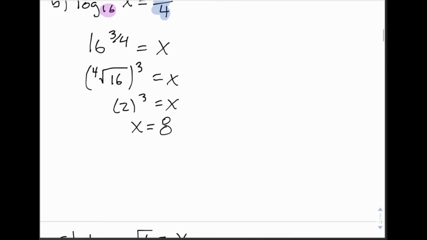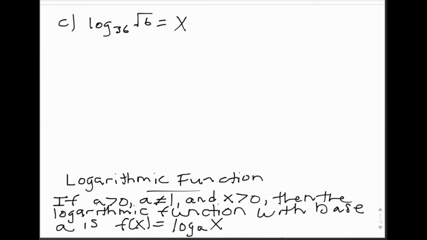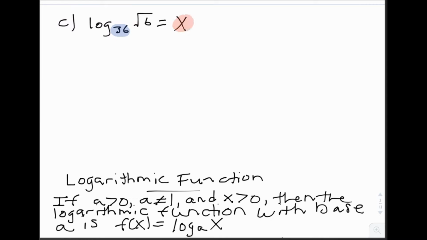Okay, so let's go ahead and look at our C here. So C, in this case, is log base 36 of the square root of 6 equal to x. So let's go ahead again and try to rewrite this one. Our base that we're dealing with is 36. Our exponent that we're dealing with is x, and that's going to be equal to the square root of 6.